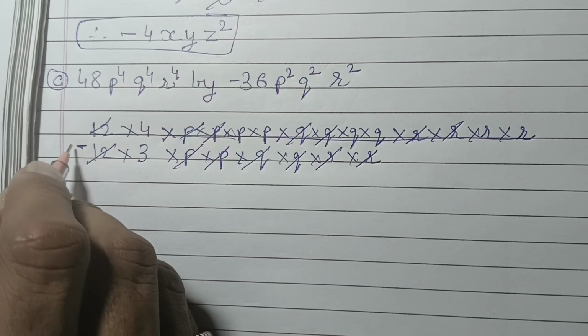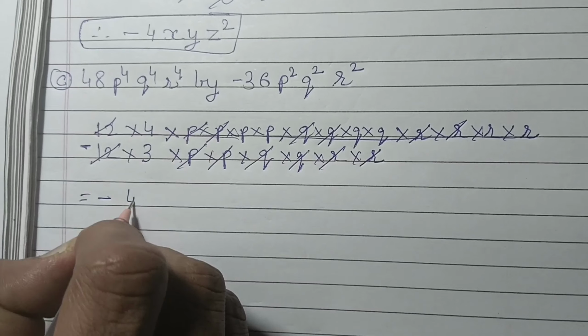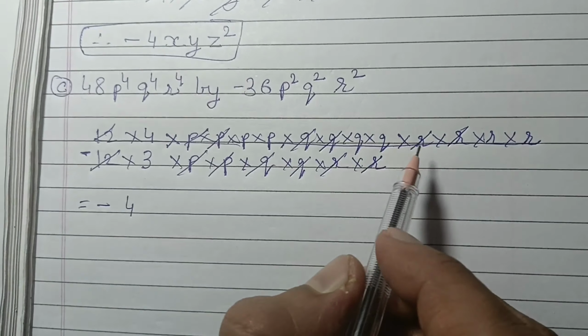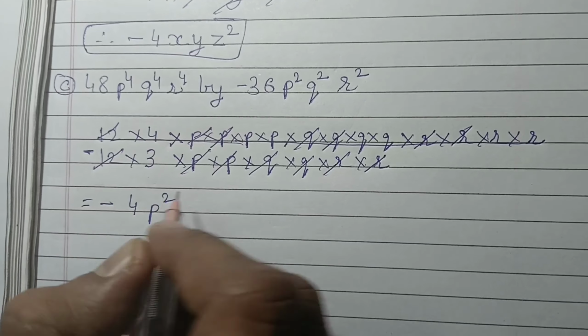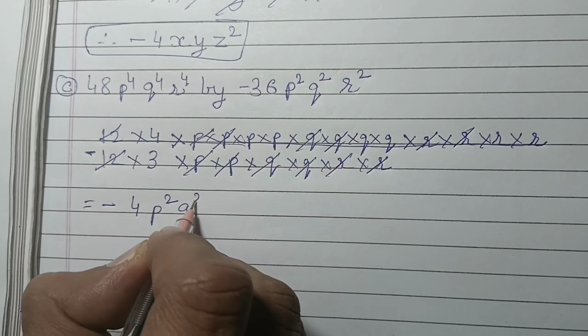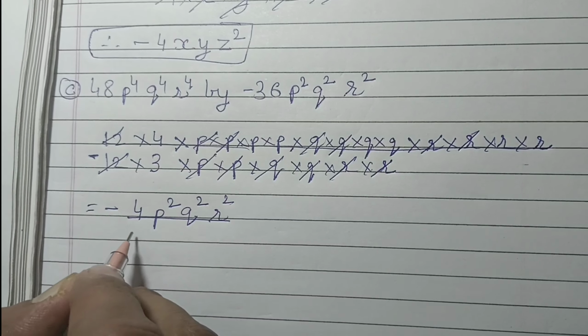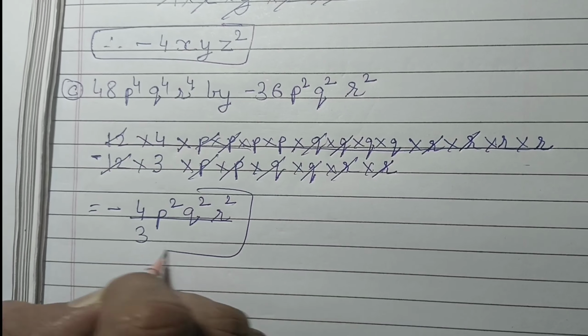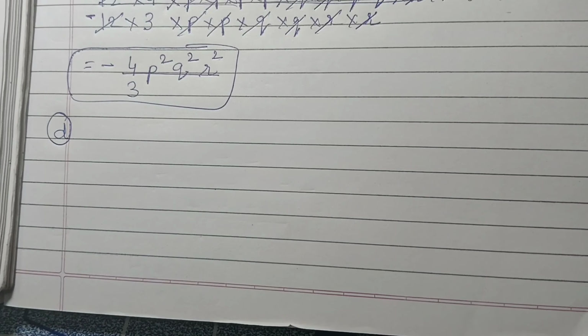So the remaining term, here there is minus, so we can write minus 4. The remaining terms are p square, q square, and r square divided by 3. So this is our answer.